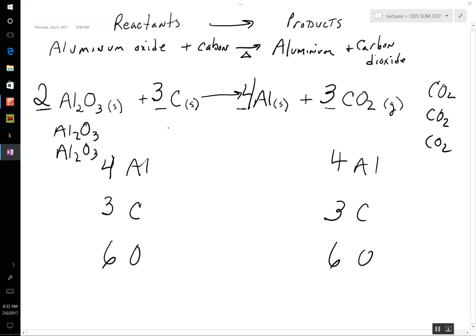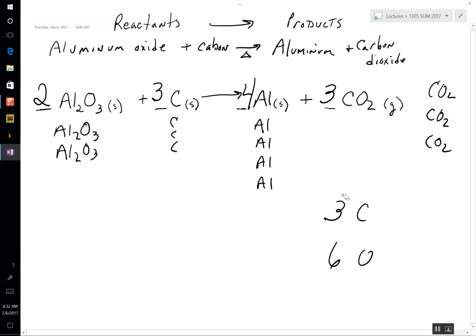So we have 2 aluminum oxides, we have 3 carbons, yielding 4 aluminums and 3 CO2s. That's what those coefficients are telling you.